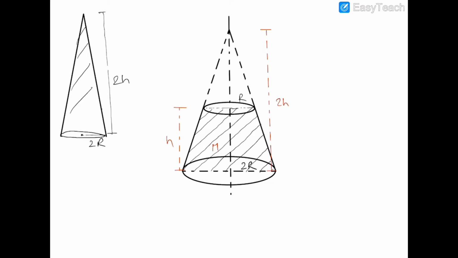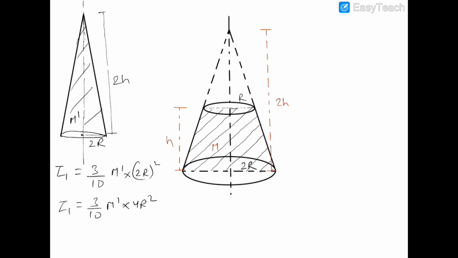The moment of inertia of this bigger cone about this axis is I1, and I1 is equal to 3 by 10 m dash, where I have assumed that the mass of this bigger cone is m dash and its radius is 2r, whole square. So I1 is equal to 3 by 10 m dash into 4r square.